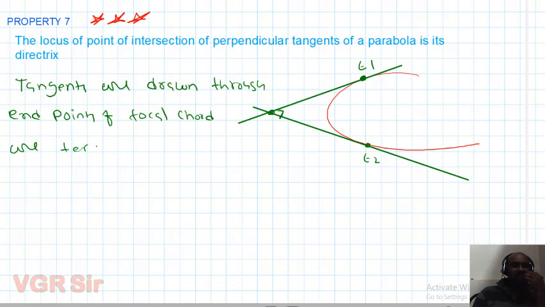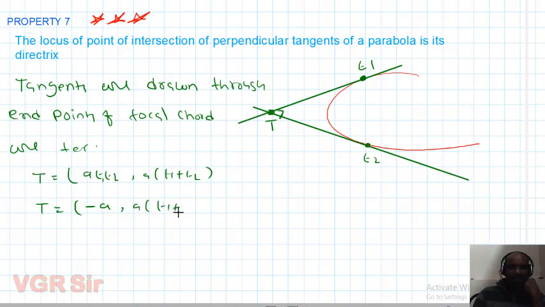So this is T. Okay, so already you know the T coordinates. I will write here: a t1 t2 comma a of t1 plus t2. If this is a focal chord, instead of t1 t2 I can write minus 1. T equal to minus a comma a times of t1 plus t2 I can write, since t1 t2 is a focal chord.